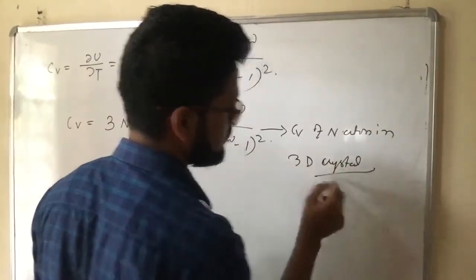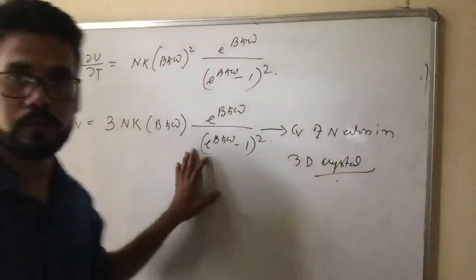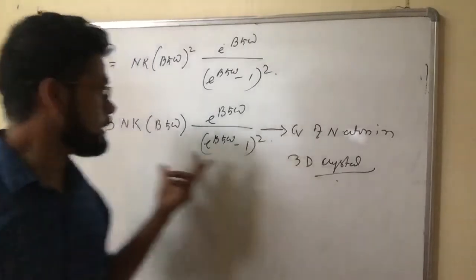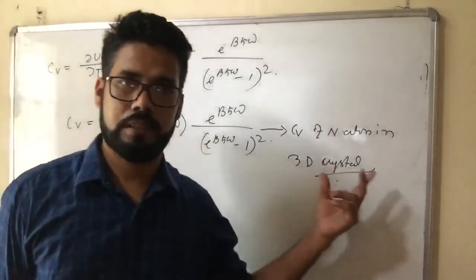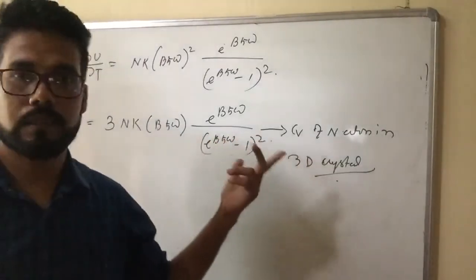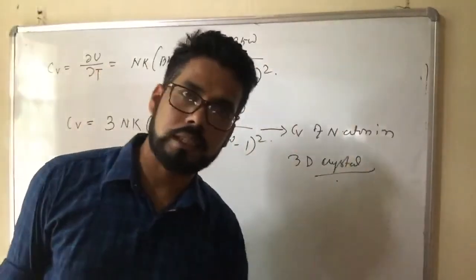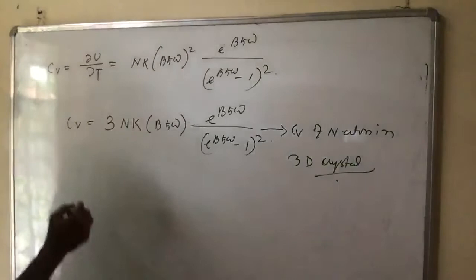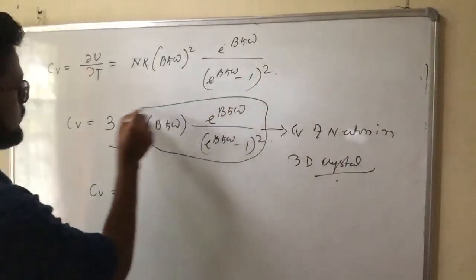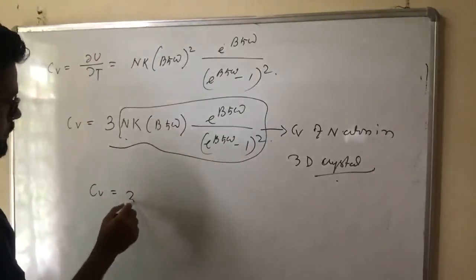This is the specific heat. If you see the Kittel book or Dekker book, you will get this as the specific heat of the crystal. Now if you multiply by the density of states and do the integration, you will get the total specific heat.